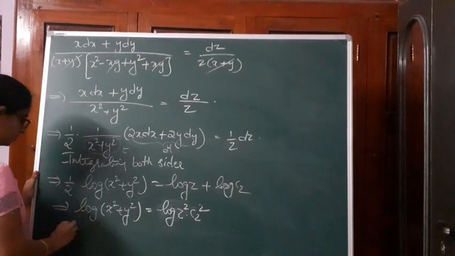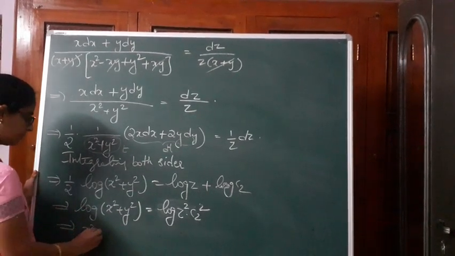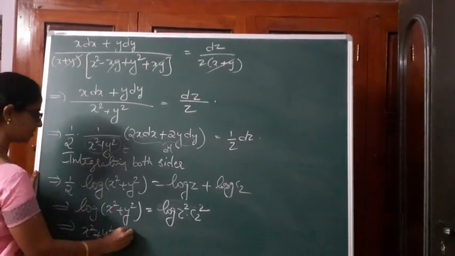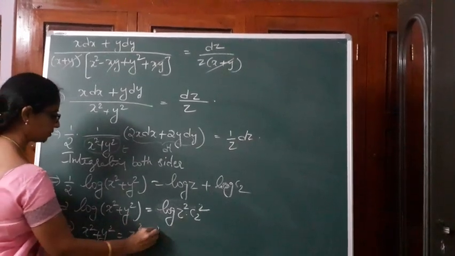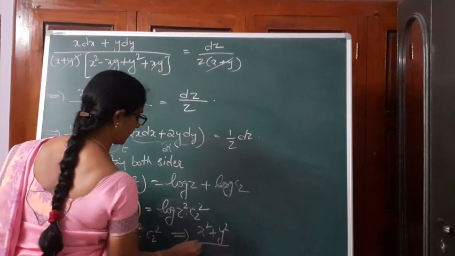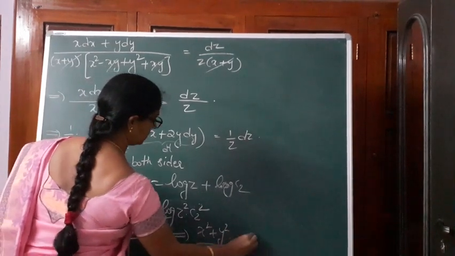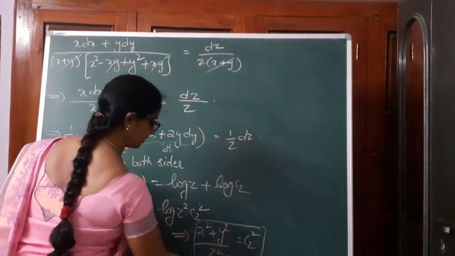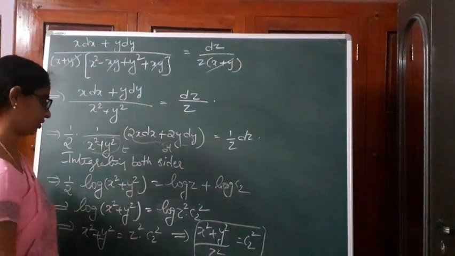Now removing logarithms on both sides, we get x square plus y square is equal to z square into c2 square, or x square plus y square by z square is equal to c2 square or some constant. This is the second solution.